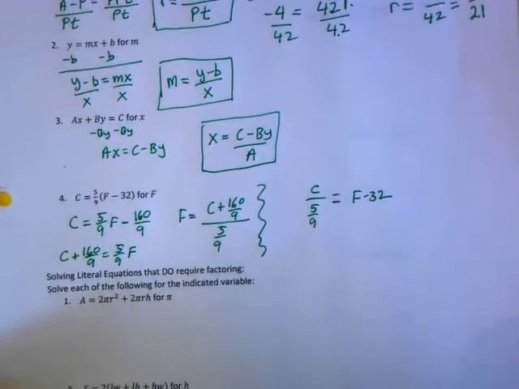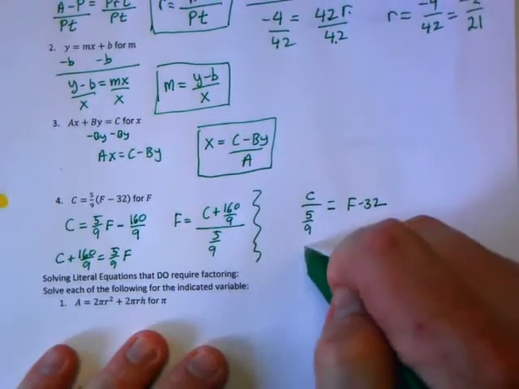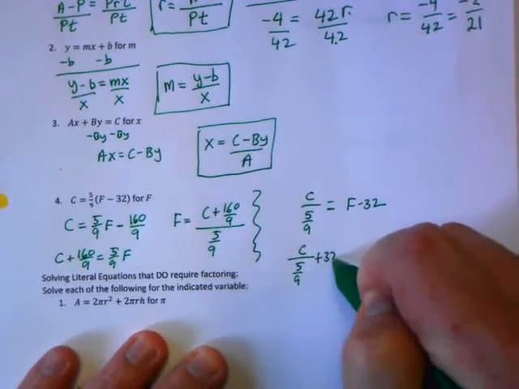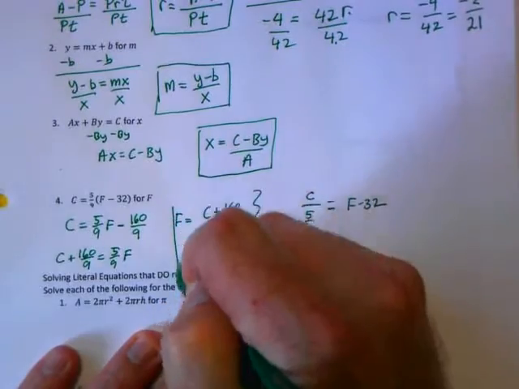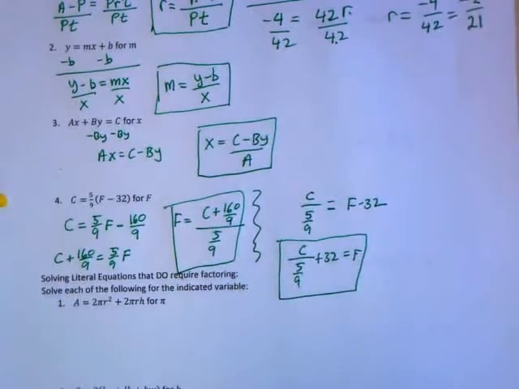And then how do you get the F all by itself? Add 32. So C over 5/9 plus 32 equals F. Are those the same answers? They don't look it, but they really are. They're the same answers written in two different forms.